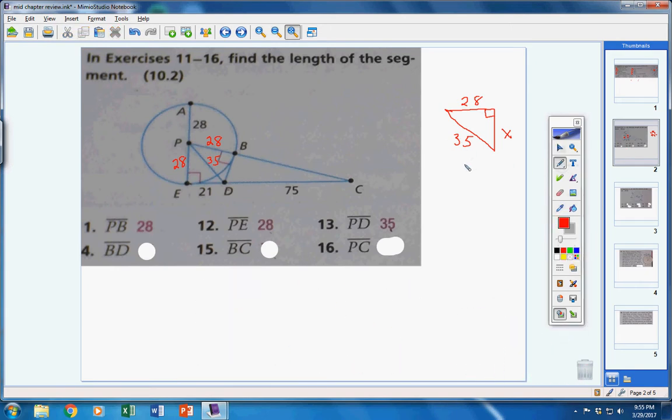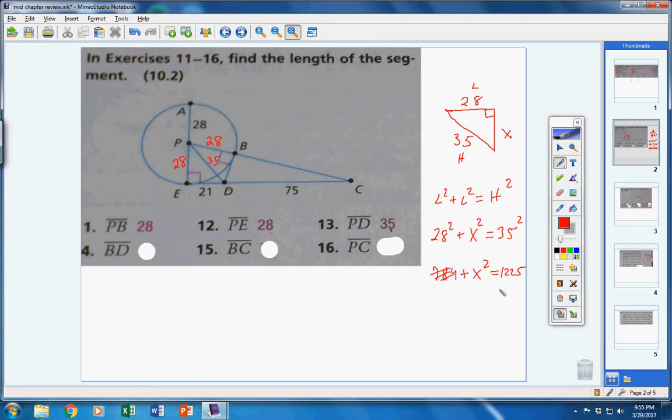So Pythagorean's theorem, I have a leg and a hypotenuse. So here we go. Leg squared plus leg squared equals hypotenuse squared. One leg is 28. The other leg is x. And my hypotenuse is 35. 28 squared is going to give us 784. 35 squared is going to be 1,225. Now let's get x squared by itself.